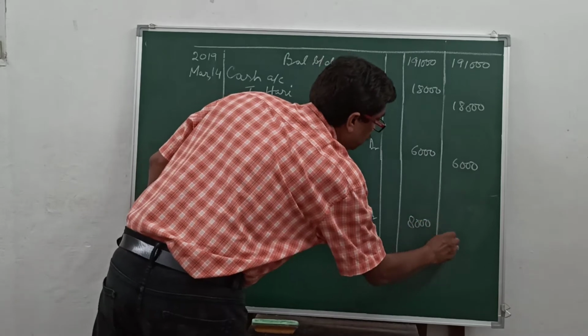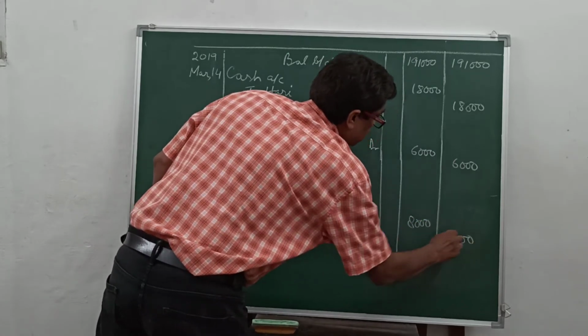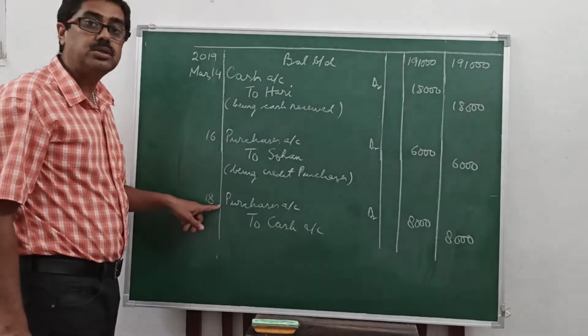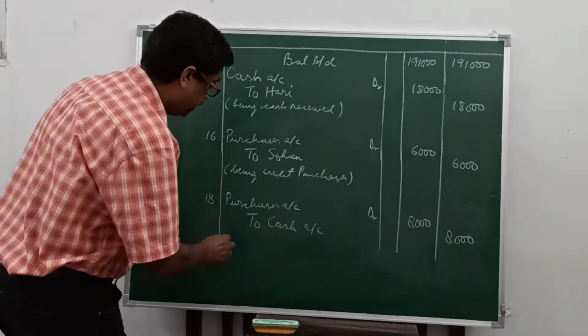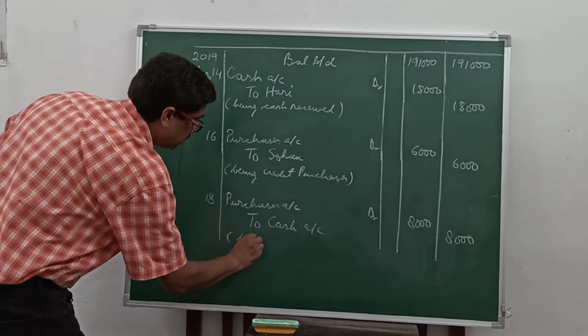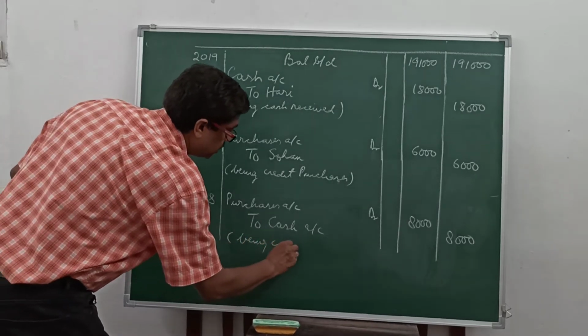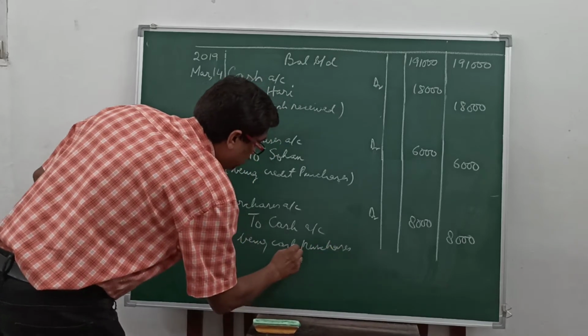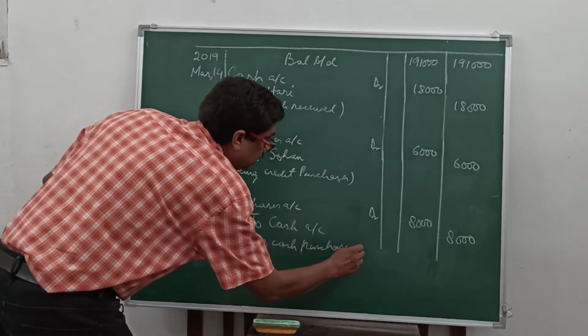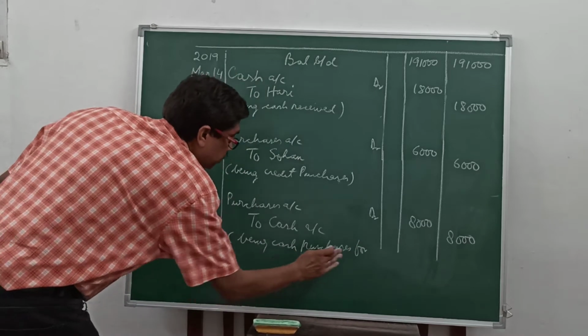Again I will repeat the rule. Debit all expenses, credit what goes out. Being cash purchases from Sohan. Since the name of the supplier is mentioned very clearly, you can write there from Sohan.